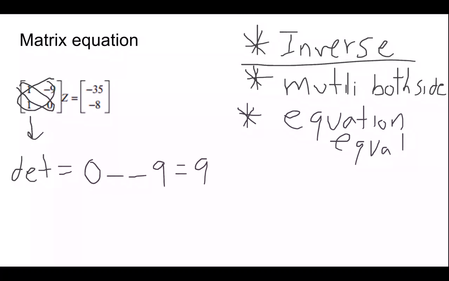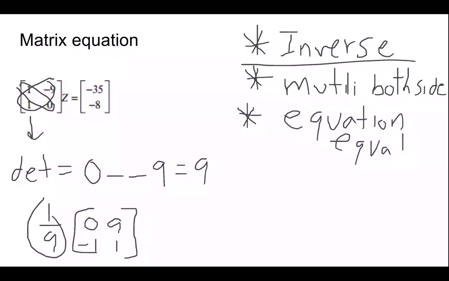Now, after we've found the determinant, we are going to flip this and get 0 and 1, and get positive 9 and negative 1. So we just inverted the matrix, and our last step normally would be taking this thing over here and dividing everything on the inside by that 9.